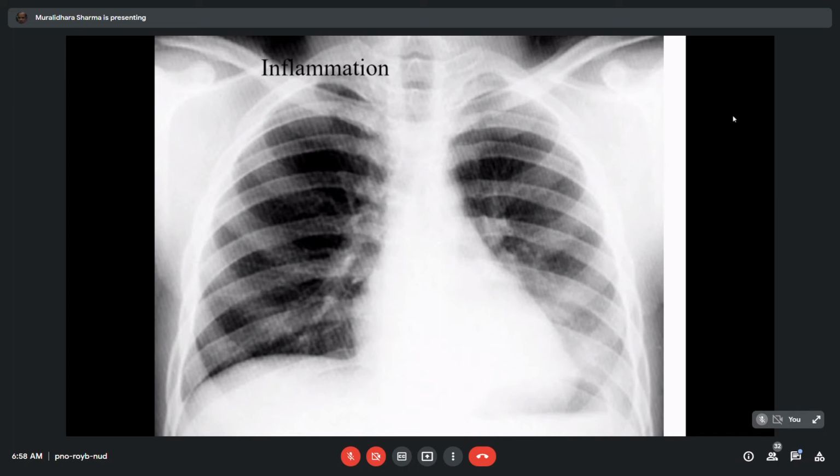Now we start with the real study of the pathology of the lungs as such. So starting with the pathology of the lungs, the commonest lung pathology would be the inflammatory pathology. And the inflammation in the respiratory system can produce different sorts of clinical presentations as well as pathological changes.